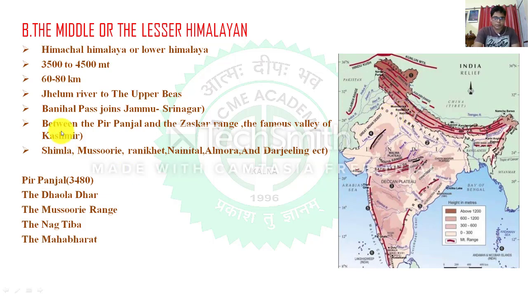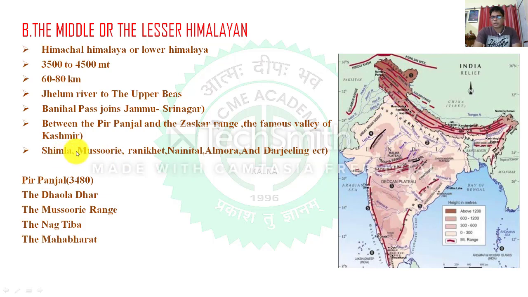After that, between the Pir Panjal and the Zanskar range, you can find the famous valley, the Kashmir Valley. This area is famous for Karewa soil, which is very famous for one type of kesar. You know the kesar; cultivation of kesar is famous in this area.